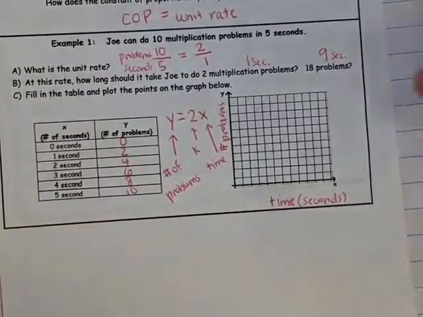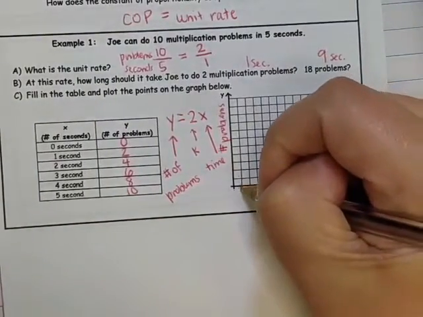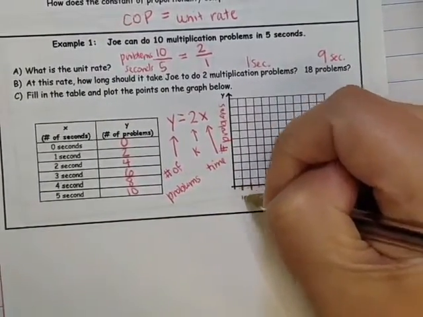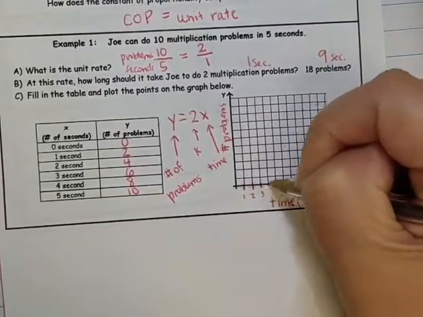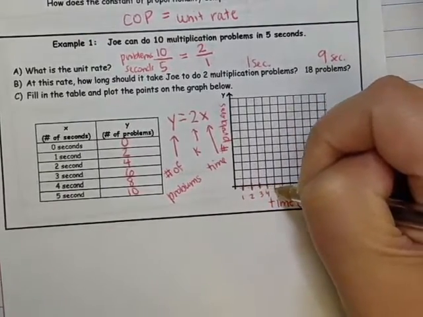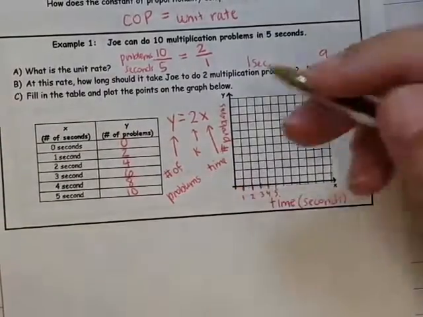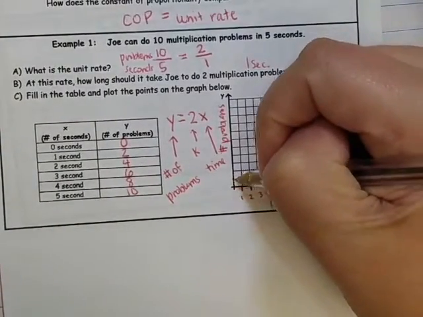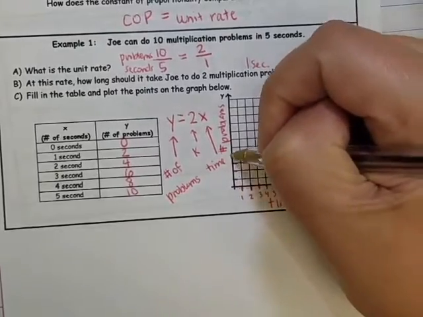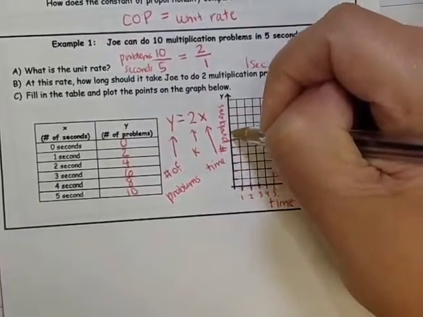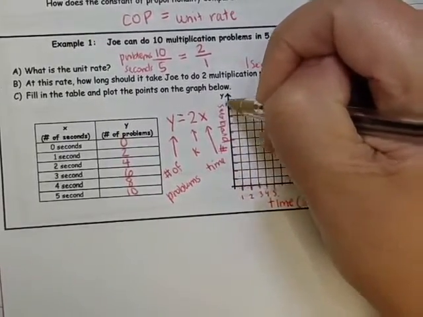With time, we count up by 1 second if we want, so that's 1, 2, 3, 4, 5. You could have also spaced it out so it's not so close together. And then we can count up by ones, because we can go all the way up to 10, which is as far as we need to go here anyways.